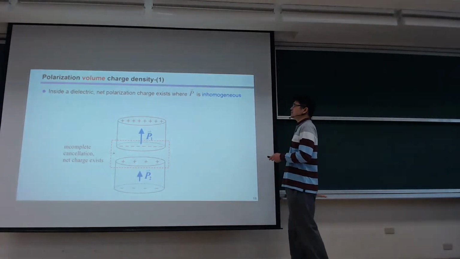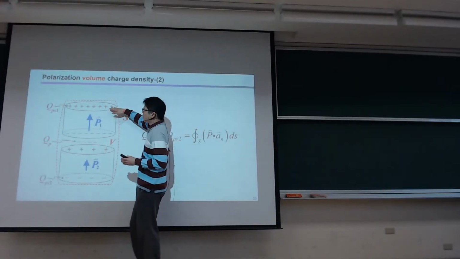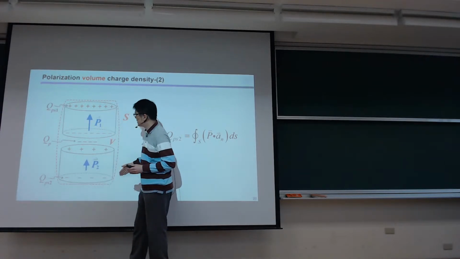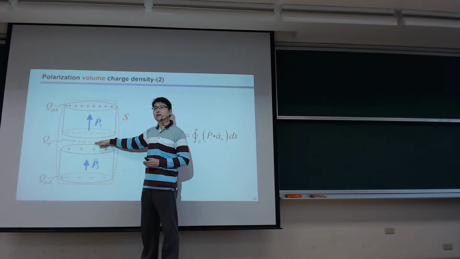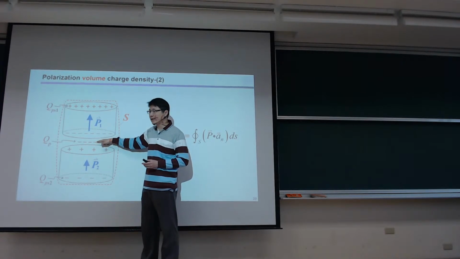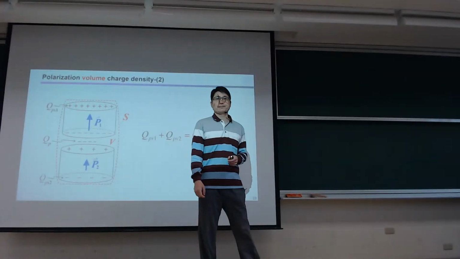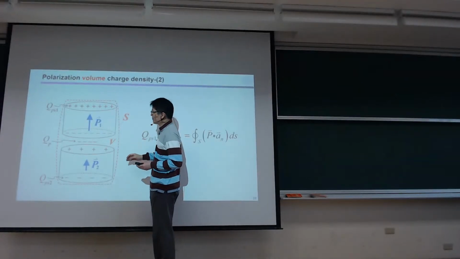Okay? Now, mathematically, all we have to do is find the surface charge densities, the sum of the surface charge densities, and then we multiply by -1 to find this net volume charge density. Why? Look at this case.